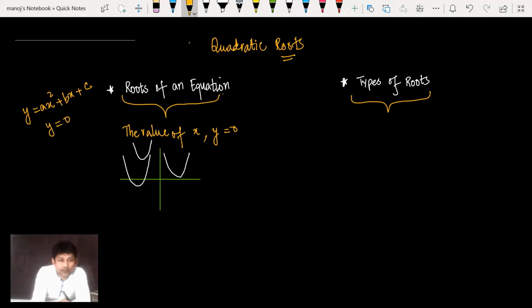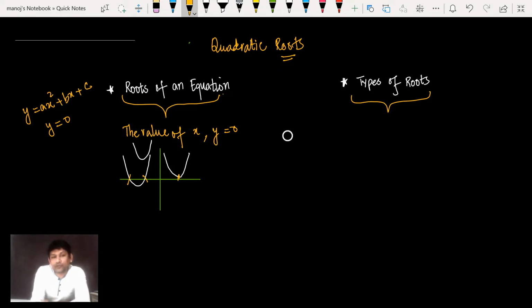What do you mean by that? This curve has two roots. This curve has one root? No, actually there are two roots, but both the roots are the same, and I have to prove it. And this curve has no roots. We have these three situations for the roots of the quadratic equation, and in all of them y is equal to 0.